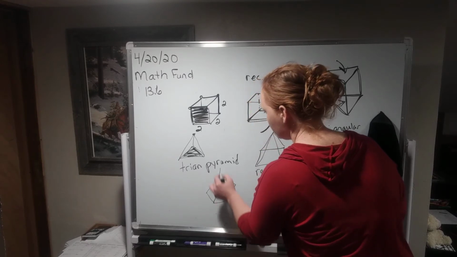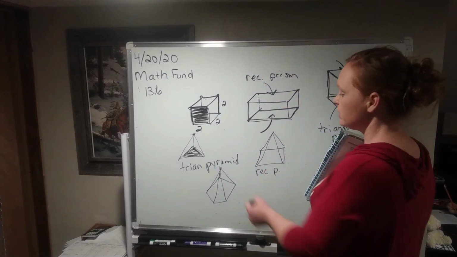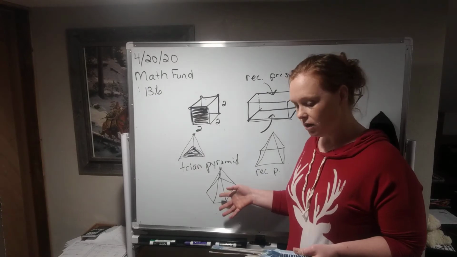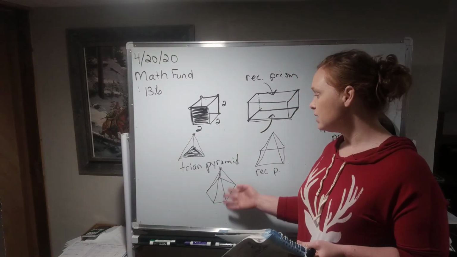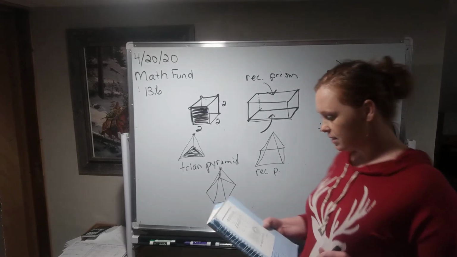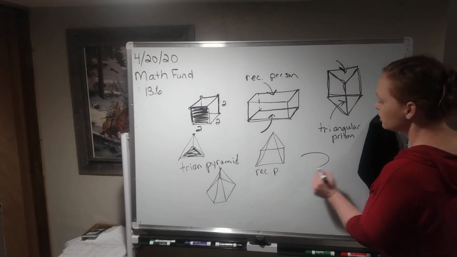But it comes to a point, a little bit harder to draw there. But you can see that the base is a pentagon, so we would call this one a pentagonal pyramid. You can basically have a pyramid of any shape on the bottom except for a circle, because that has a different definition. A cylinder is where we start using circles.